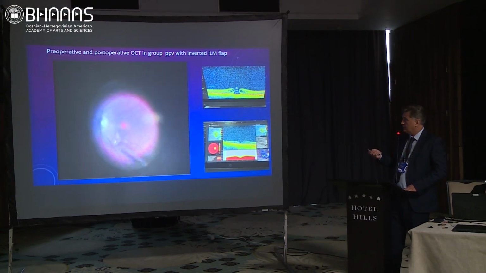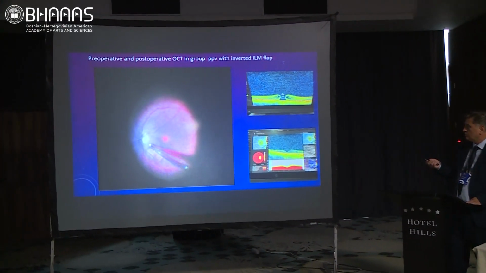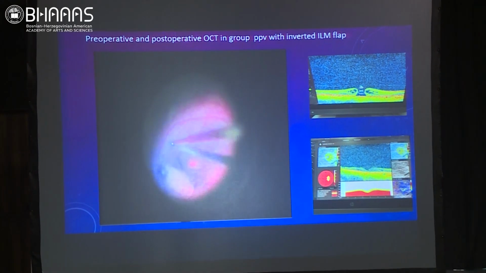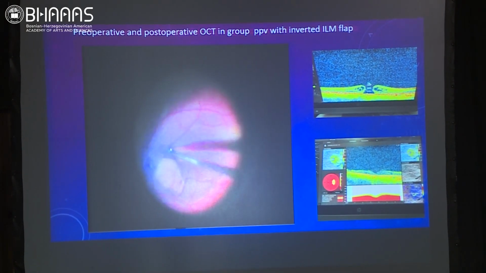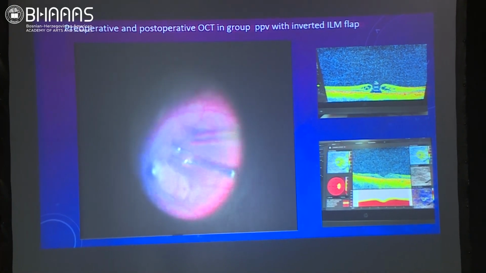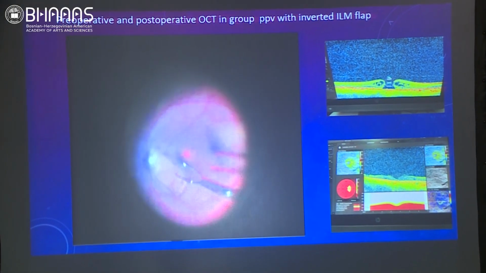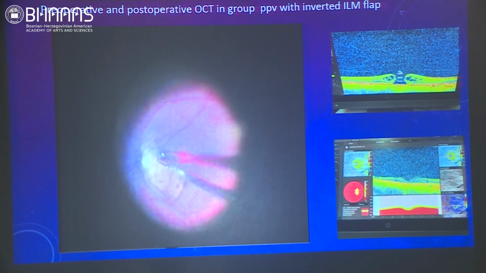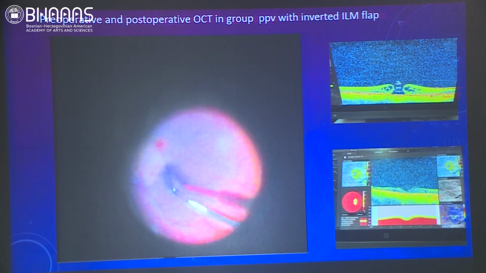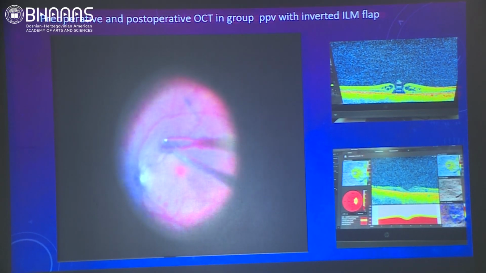The second video is also short, with a temporal flap. We peel the membrane first nasally, and on the right side you can see OCT before and after surgery. Anatomical success is good.